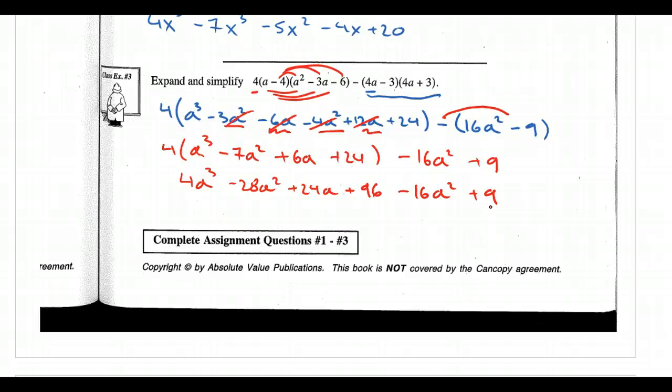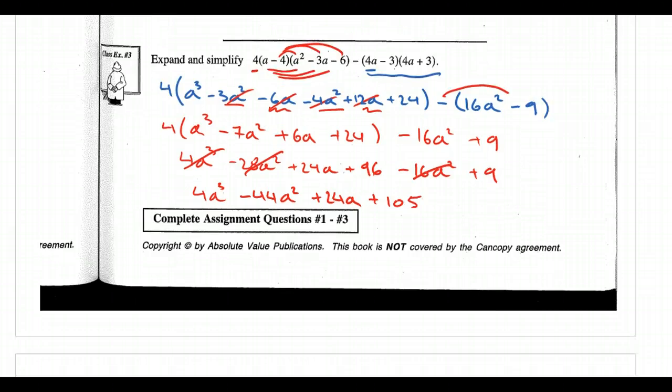Okay, now I'm going to combine my like terms again. 4a cubed is the only cube term, minus 28a squared minus 16a squared. So I'm going to get negative 44a squared plus 24a, and then finally plus 105.